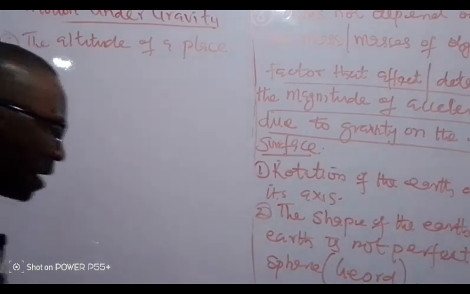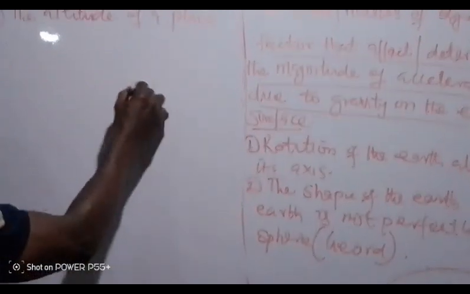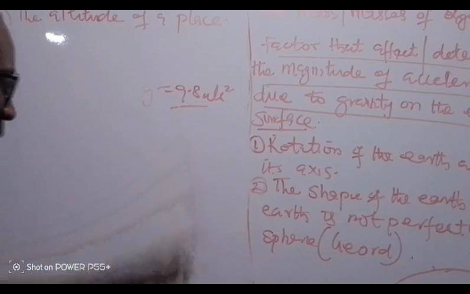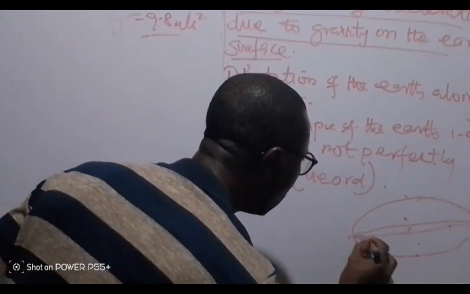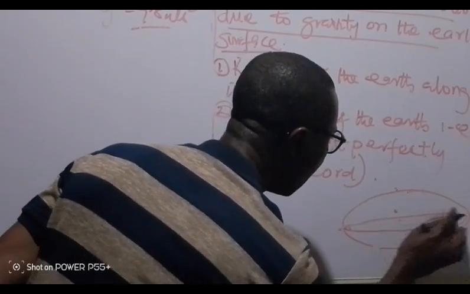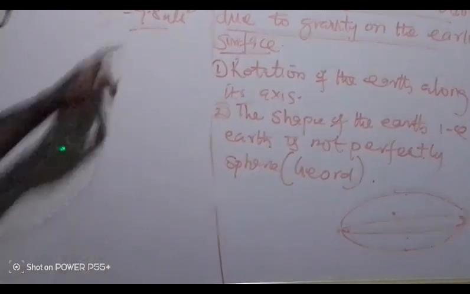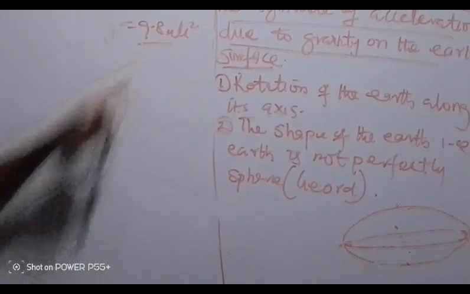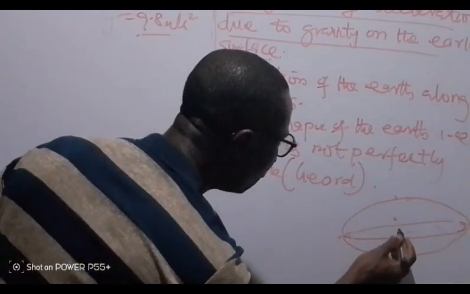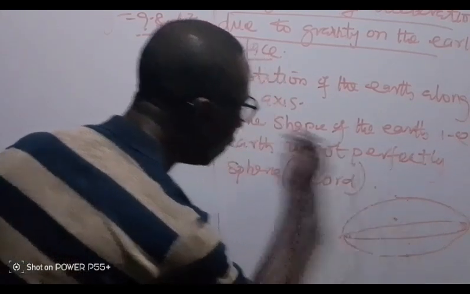For instance, as drawn the other time, the constant value that we said g is equal to 9.8 meters per second square is taken on the equator. That is the line that divides the Earth into north and south, what we call the equator. So the constant value of g is 9.8 meters per second square on the equator. As you move, because of the height, from the equator to the north pole, the value of g gradually reduces.